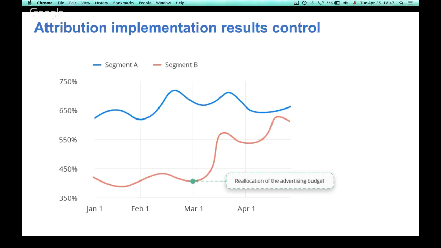And once you set everything up, you just create a simple chart where you can see the ROAS comparison of campaigns from segment A, which is region A, and segment B. So if the ROAS with the new approach is growing, then you can try to implement this approach for all the markets, for all the regions where you're operating.